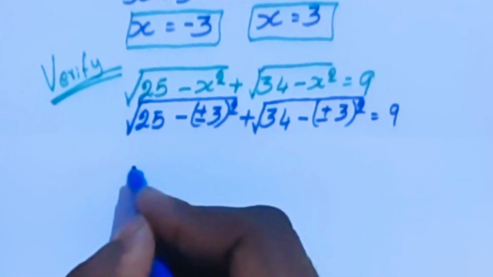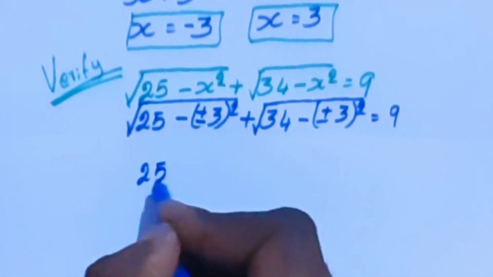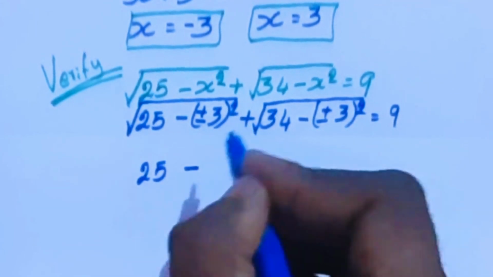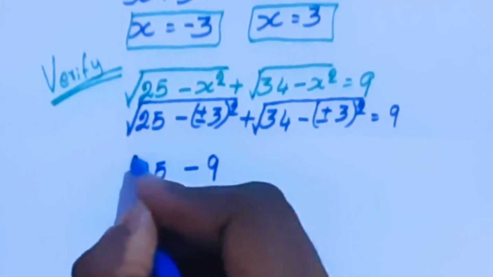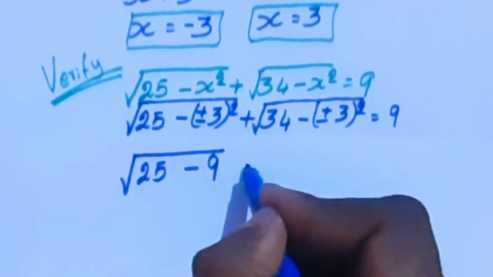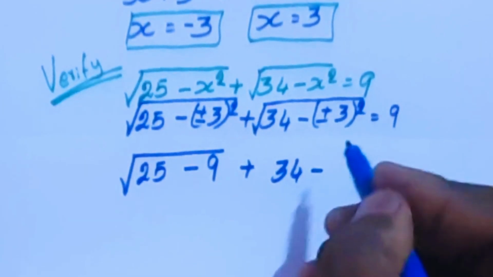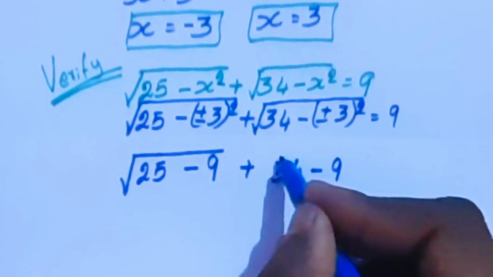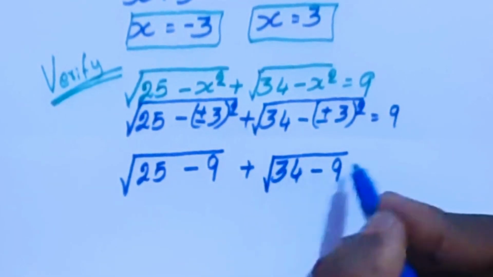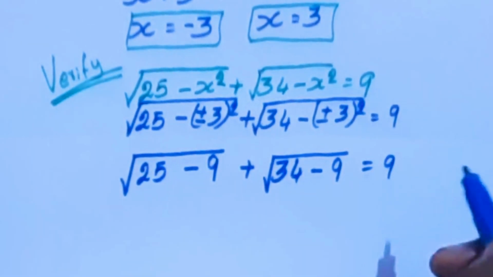Now 25 minus this is 9 in square root plus 34 minus this is also 9 in square root equal to 9.